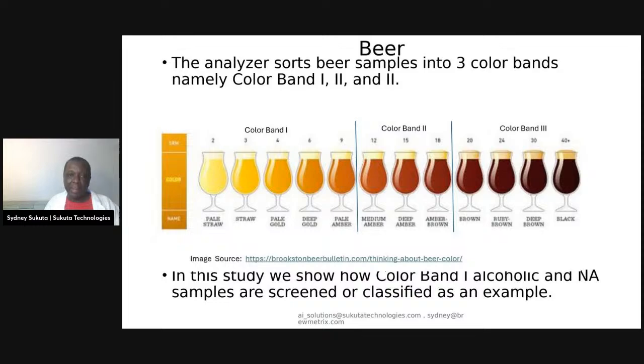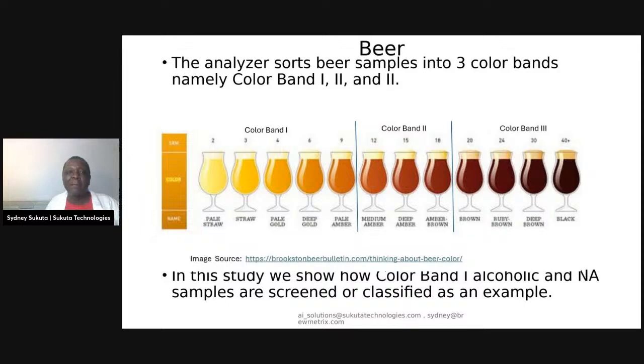And then beer. Since we pass light through the beer, let's say this pale straw beer is 5% alcohol, and this beer here, like Guinness, is also 5% alcohol. When you pass light through these beers, they're going to have different transmission values, and that can mess up your algorithm.